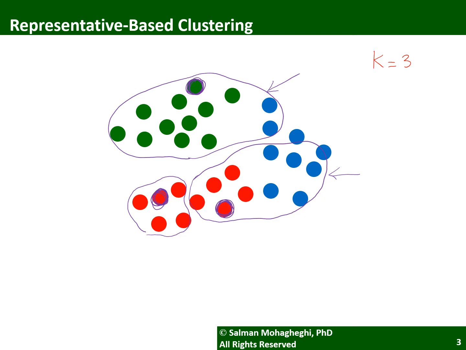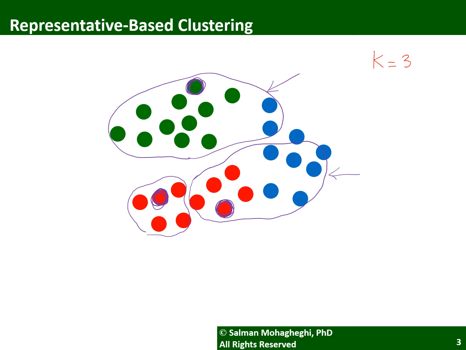That's the first iteration. Now that I have this, what I will do is I will go back to each cluster and say, let's recalculate the representative of each one. So for example, let me choose a different color here. Let's go with light blue.